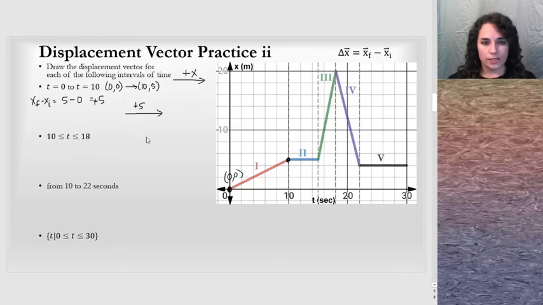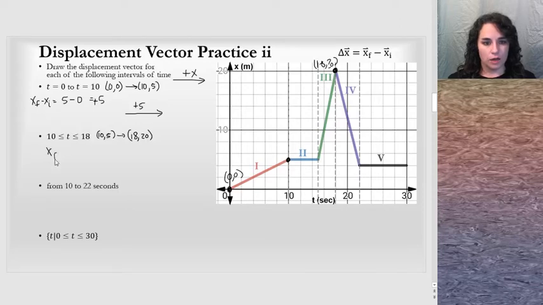Let's go 10 to 18, right? From the time the lower bound is 10 and the upper bound is 18. So where is it at 18? At 18, it is 20 meters away from the origin. So 18, comma 20. Okay, so we go from the point 10, comma 5 to the point 18, comma 20.